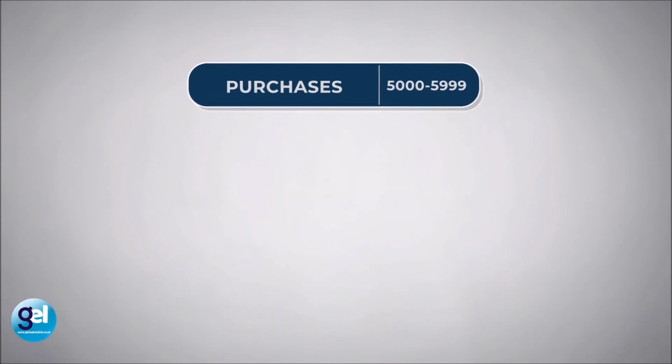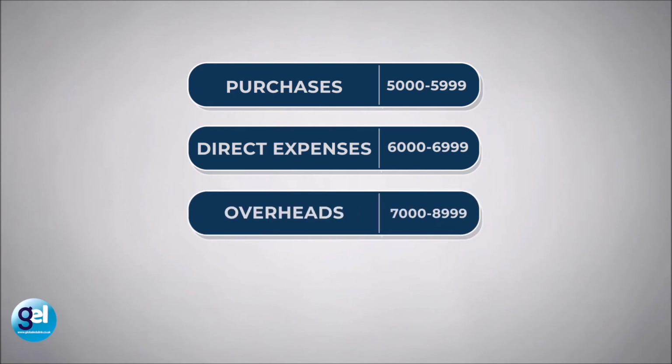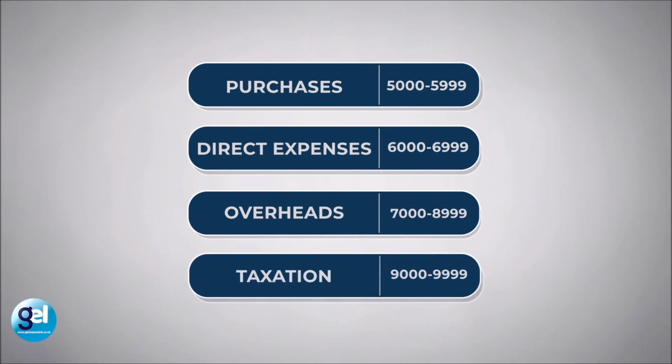Then within such block, from 5000 to 5999, purchases. 6000 to 6999, direct expenses. 7000 to 8999, overheads. And finally, 9000 to 9999, taxation.